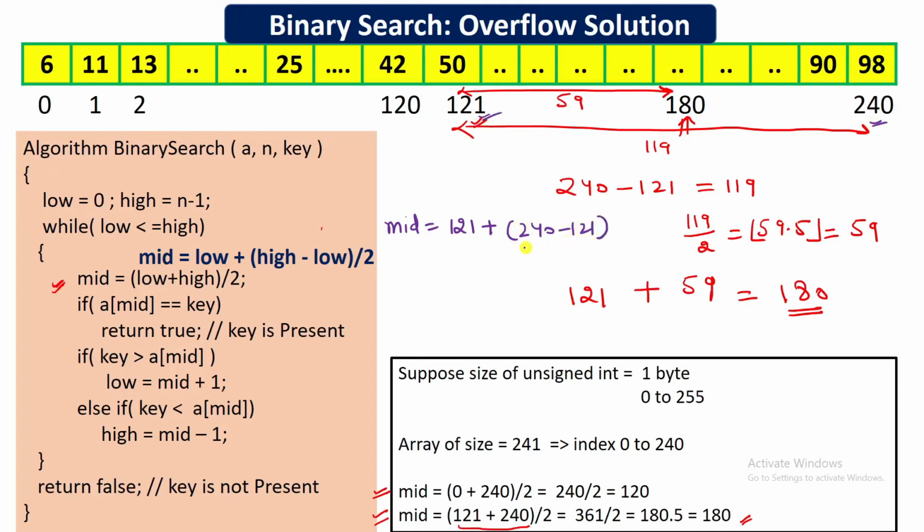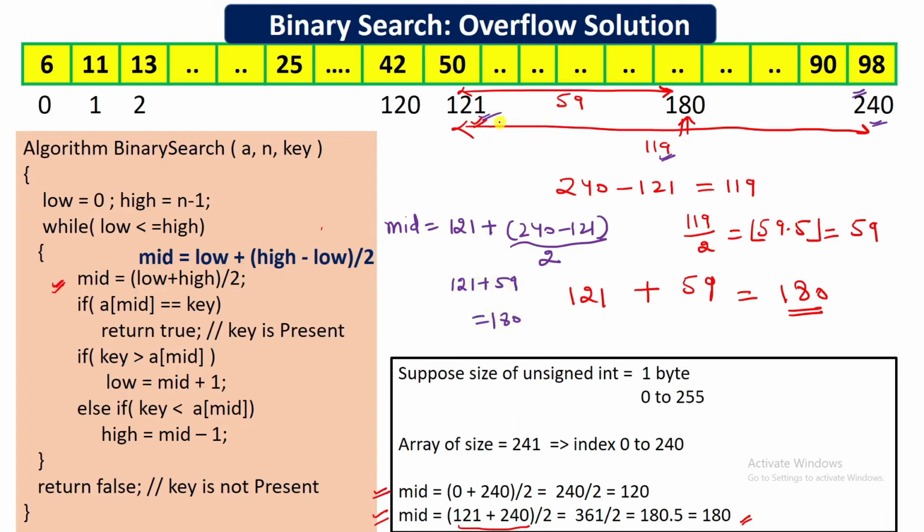You take the half of that difference. 240 minus 121 will give you a smaller value, less than 240, that is 119, and 119 can easily be accommodated inside an unsigned int data type, right? Then if you take the half of that, it will again be a lesser value, and that was 59. So 121 plus 59 was giving you 180.